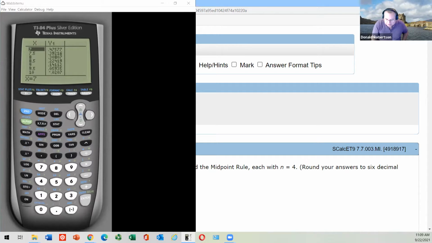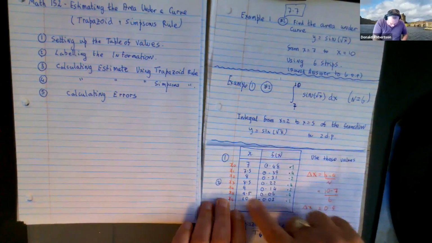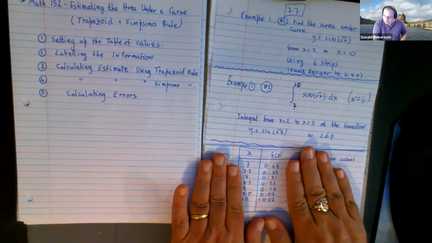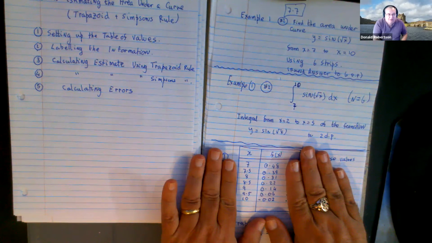And hopefully you'll say, okay, I know where you're getting the numbers from. Are we comfortable about where these numbers here came from? Right. They're straight 2 decimal place rounding off from that calculator that we just looked at.